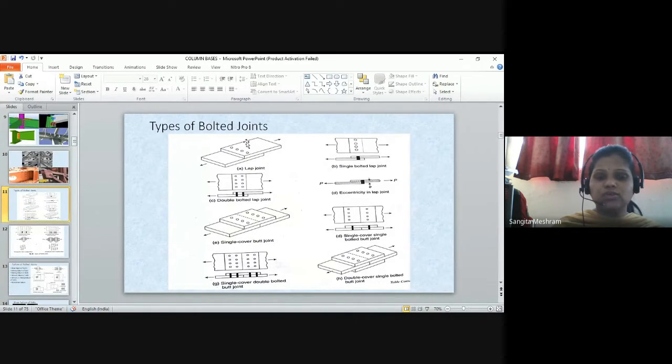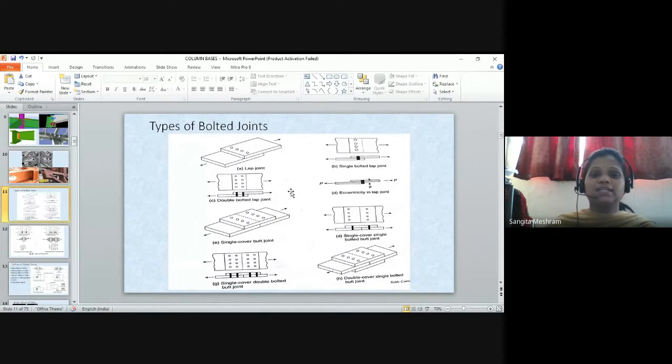But in the case of bolted connection we can fit it easily. If it becomes loose, you can connect it properly and fit it easily by hand. So that is the advantage why we are using the bolted connections.